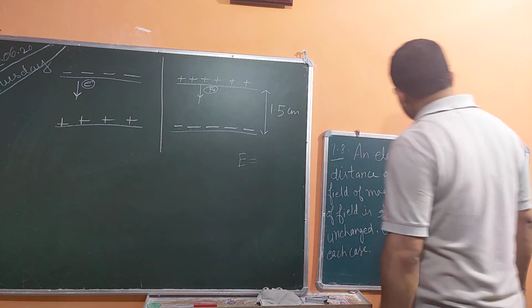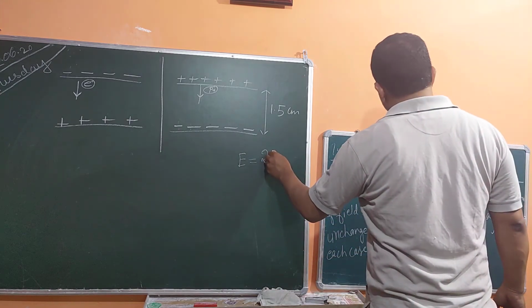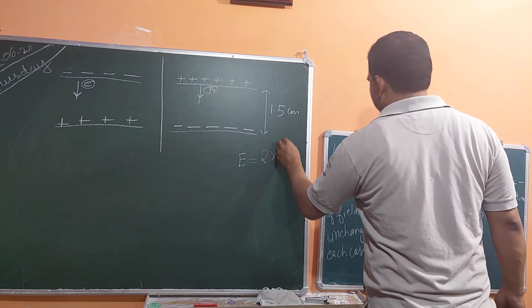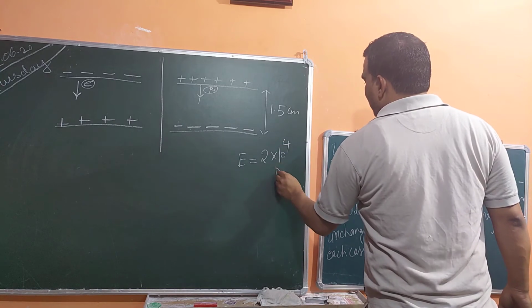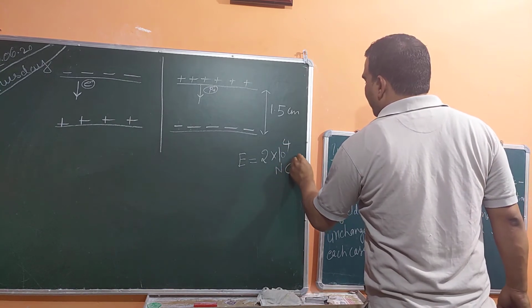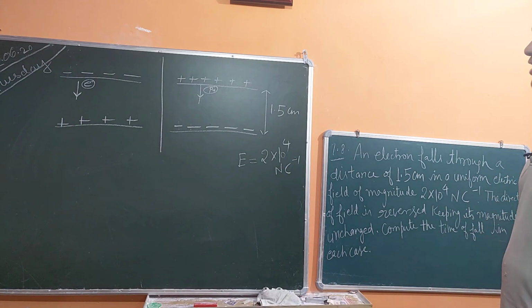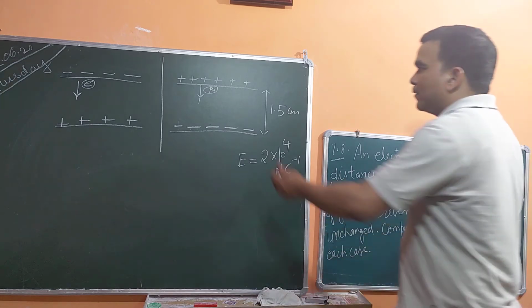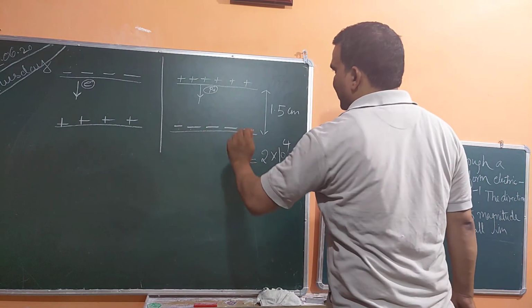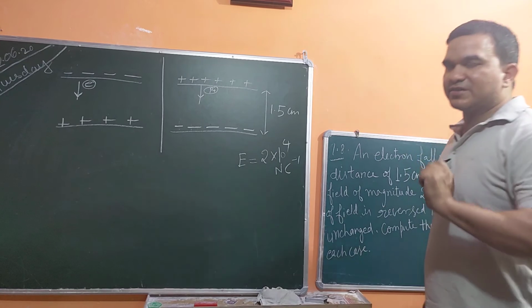Magnitude of electric field: 2 into 10 to the power 4 Newton per Coulomb. So as we know, the direction of electric field would be from positive to negative side. We have studied this part.